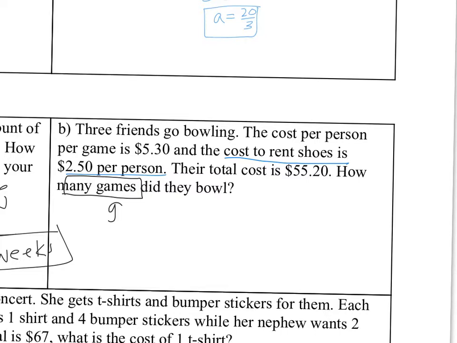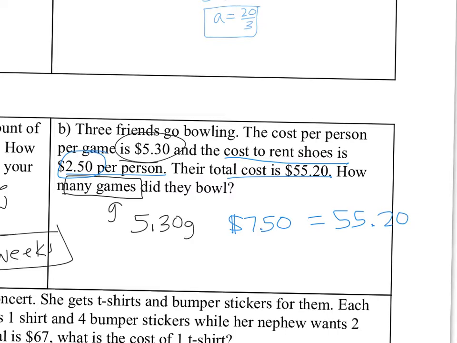So if there's 3 people and shoes are $2.50, the shoes are going to be 3 times $2.50. So the shoes are going to be $7.50. We know the total is going to be $55.20. But then we also know that it costs $5.30 per game. So it's going to be 5.30 games plus $7.50.